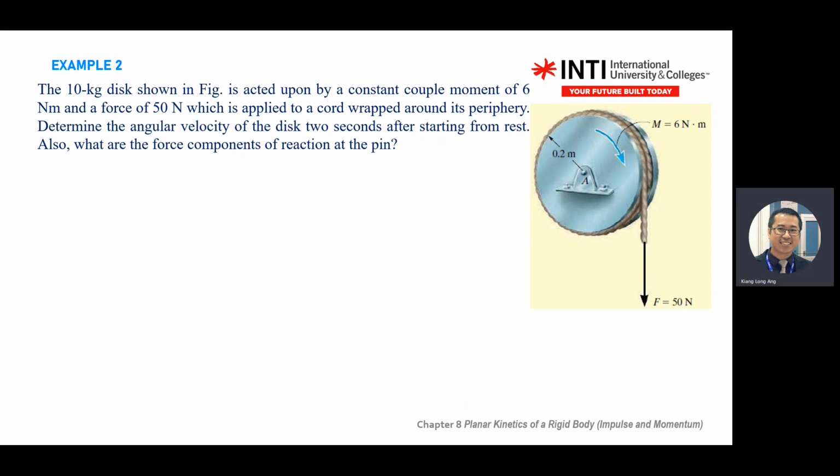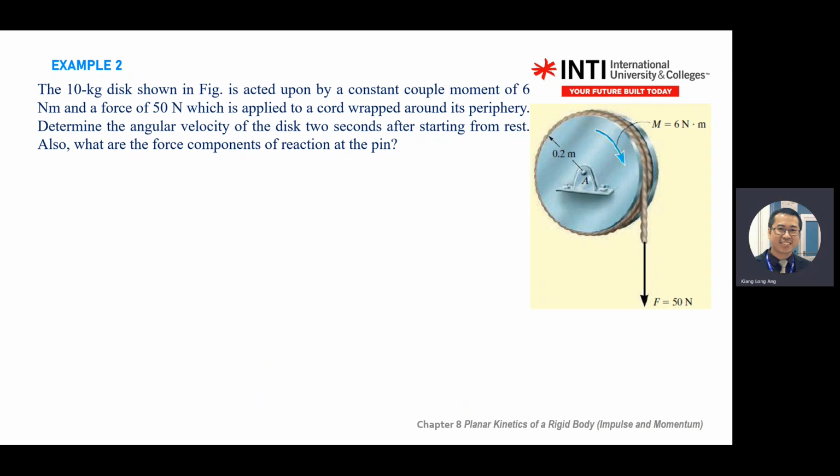Now, in chapter 8, when you see a moment, it means very high chance you need to use the angular momentum equation, the principle of impulse and momentum. You're given mass, constant coupled moment 6, force, and so on. Determine the angular velocity of the disc 2 seconds after.